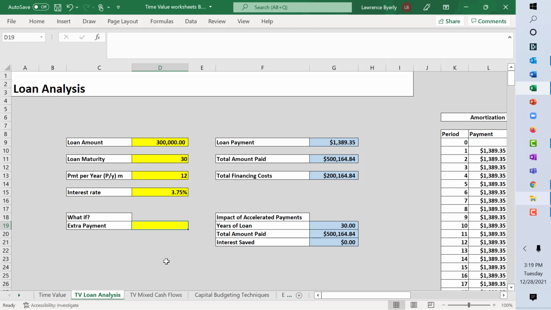Now, this doesn't exactly do that bi-weekly thing, but if you took the payment, $1,389, and divided it by 12, that would add 1/12 to each payment. So 1/12 times 12, that's a 13-month period.